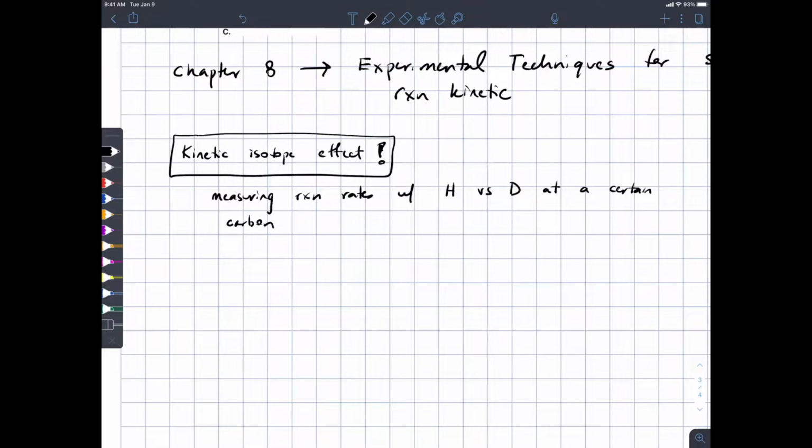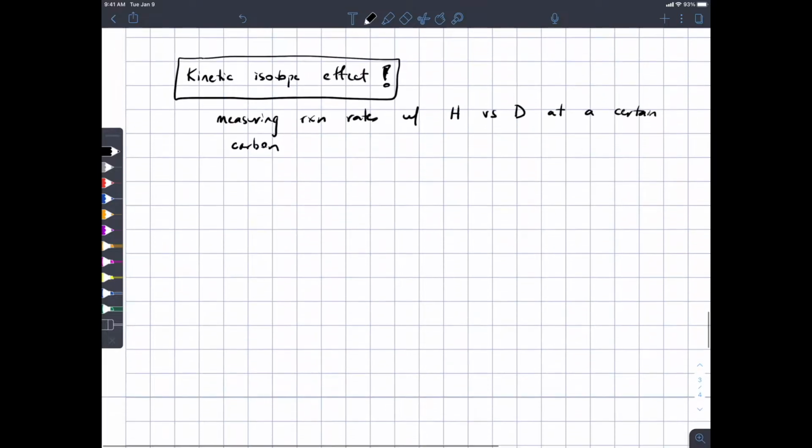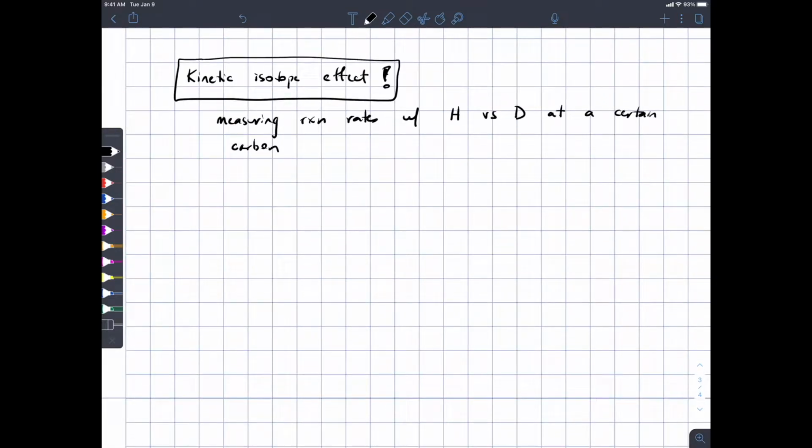So you're going to substitute one isotope for another at an atom where bonds are breaking, or at an atom where we're rehybridizing during a reaction. Or you might put the isotope substitution not at that atom, but near an atom. So there are two places where we might make hydrogen versus deuterium substitutions.